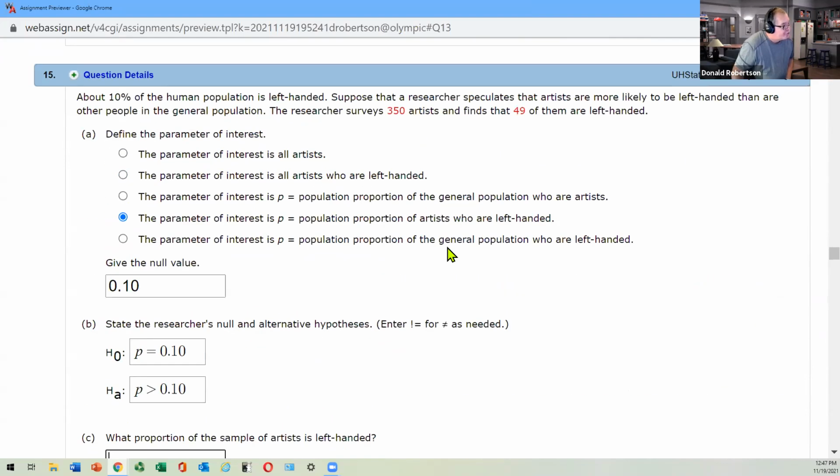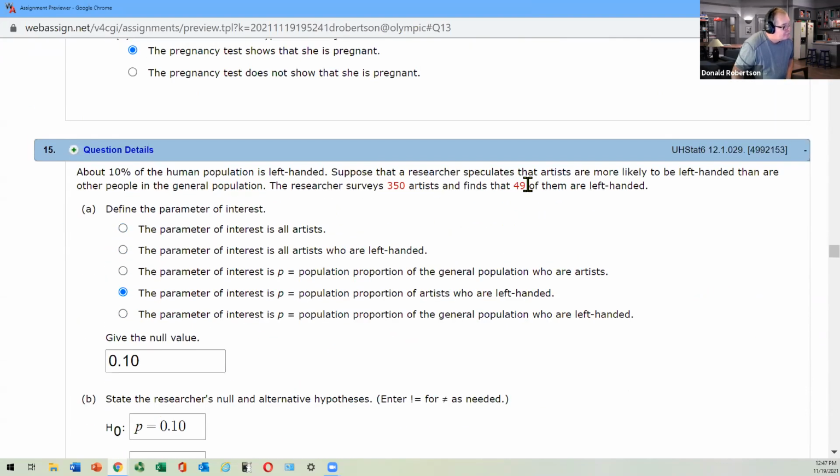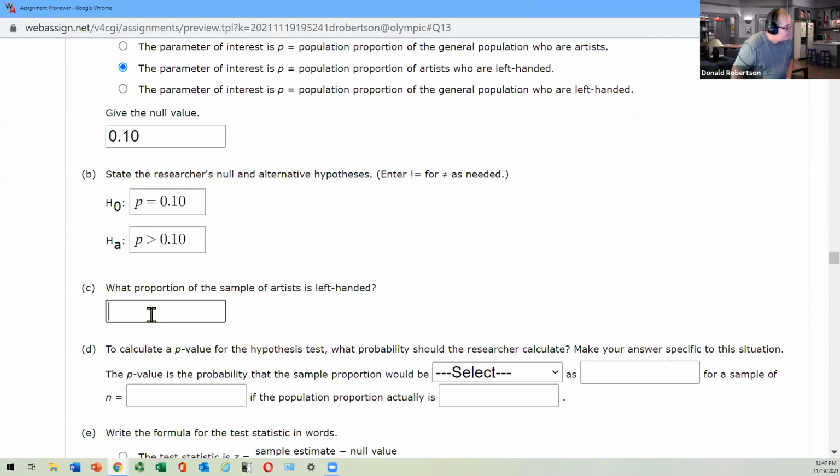Now, what proportion is left-handed? Well, in our sample, it's 49 out of 350. So we're basically going through the whole salt thing without doing salt. 49 out of 350, which is 0.14. Would you agree superficially that does look like there's evidence that's bigger than 10%?